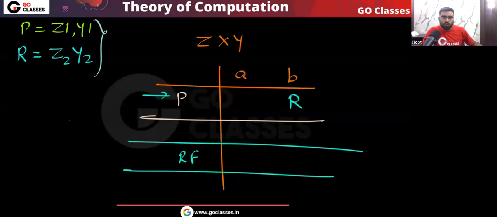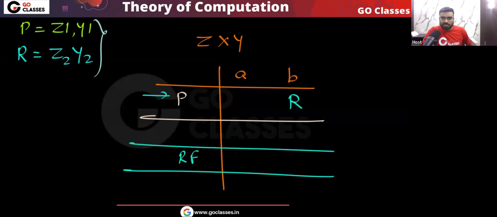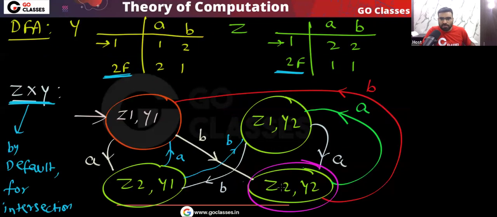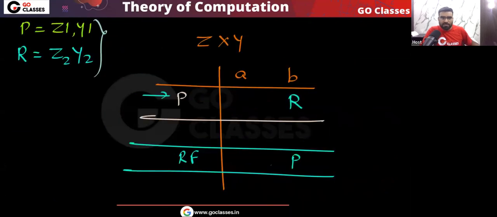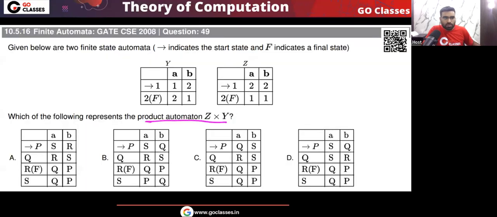So now look at this. On B, this must be R, and this must be P. There is no doubt in this. Do you agree that here you must have R comma P?